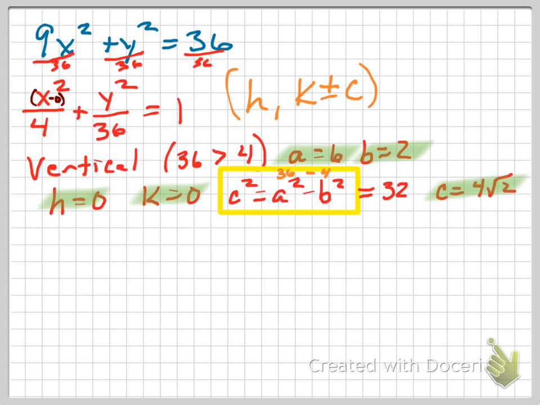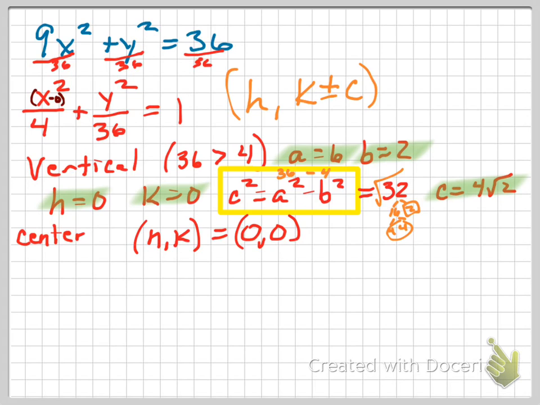So now you can answer all the questions about the ellipse: center, major axis, minor axis, foci, whatever, based on the green highlighted values. Center 0, 0. Foci would be 0, comma, 0 plus or minus 4 root 2.